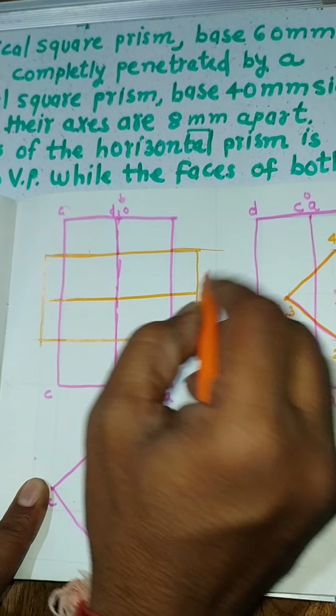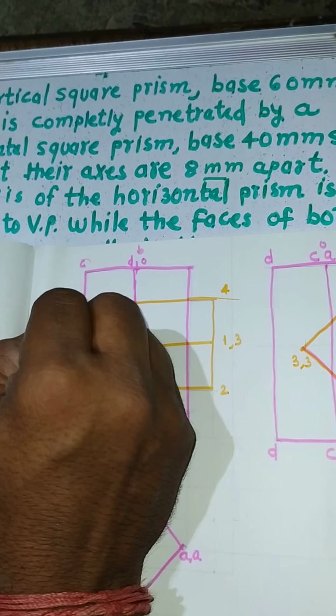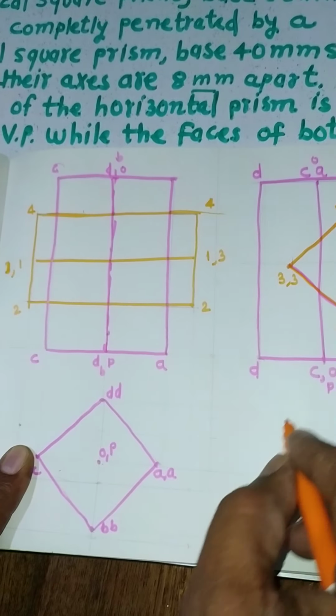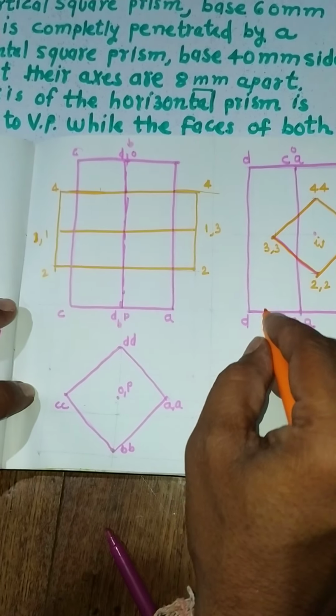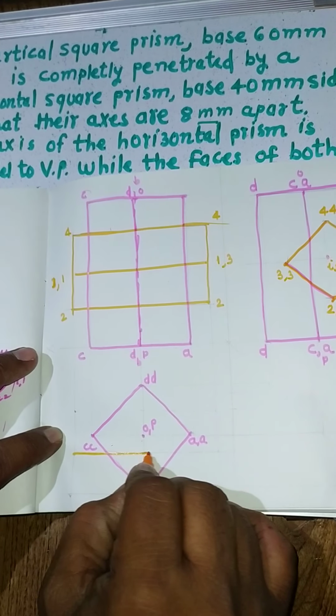1, 1, 3, 3, 2, 2, 4, 4. I will draw the top view of this rectangle. This is the center line.